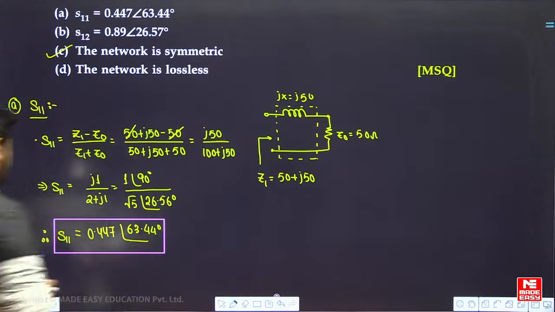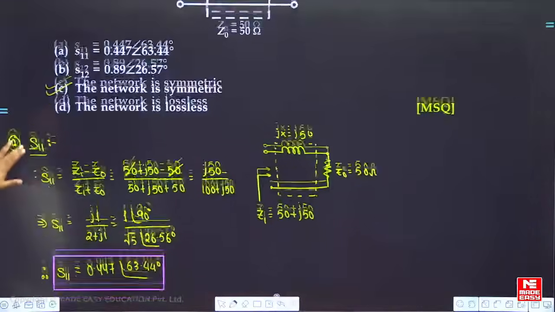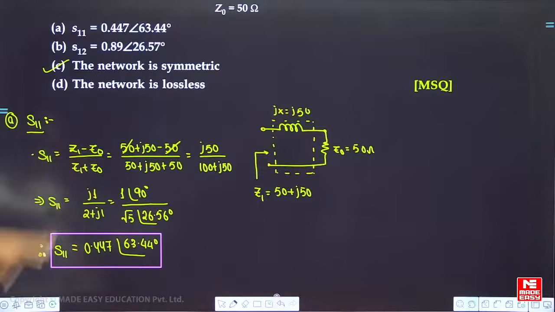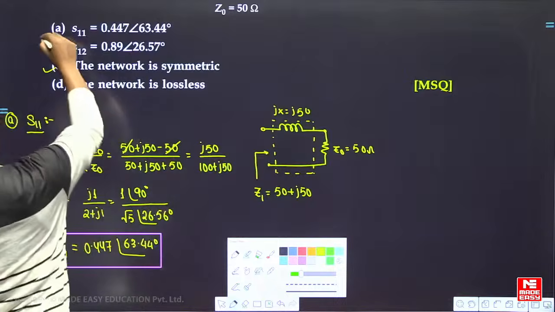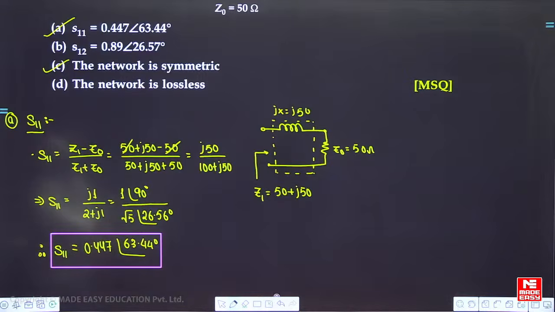This should be the answer: 0.447 at 63.44 degrees. Option A is also correct.